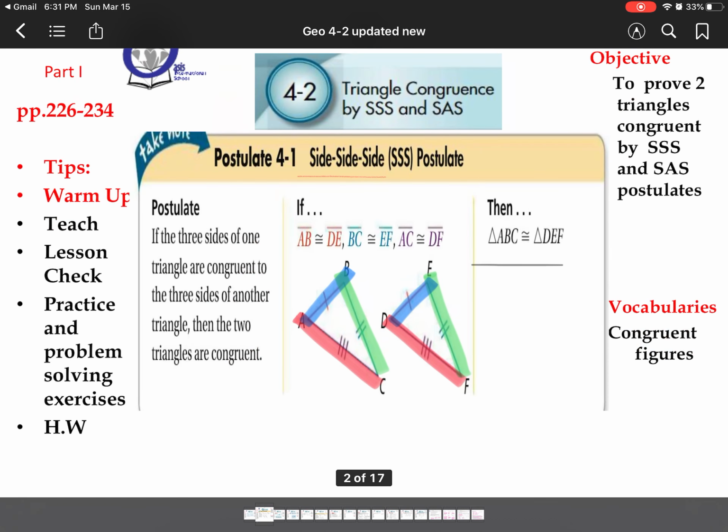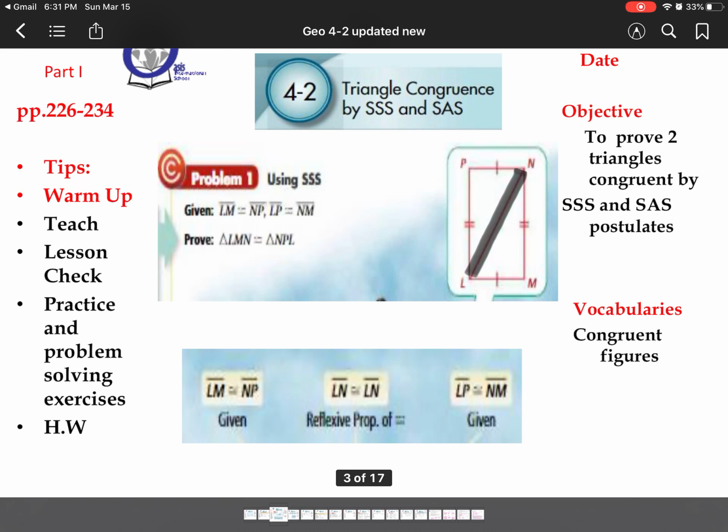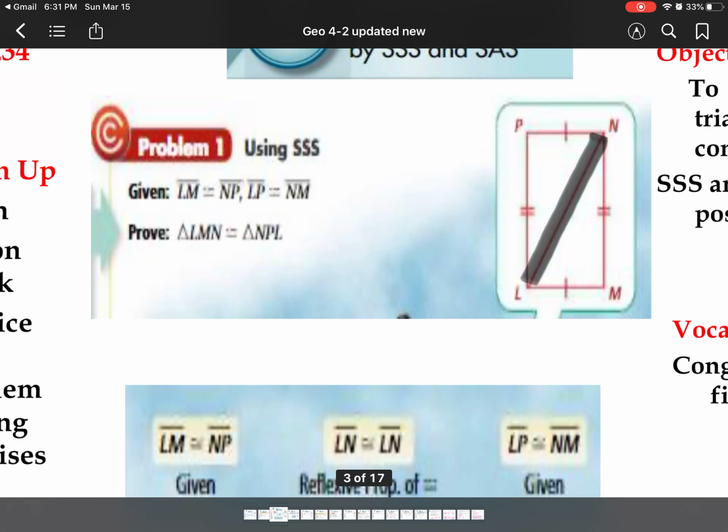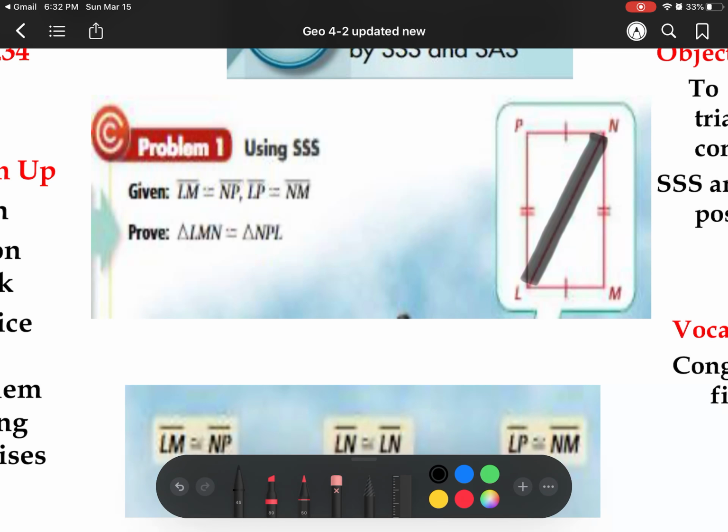Now let's start our lesson. The lesson here is how to prove using the SSS postulate that those two triangles are congruent. As usual, we will look at the corresponding sides, and I'll try to highlight them so it will be easy for you to track my work.